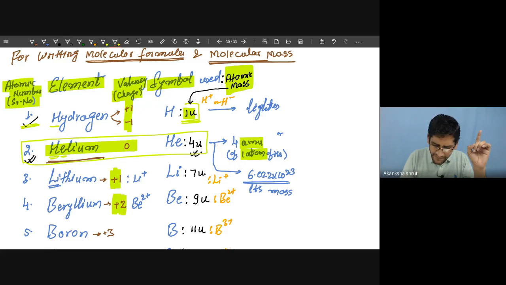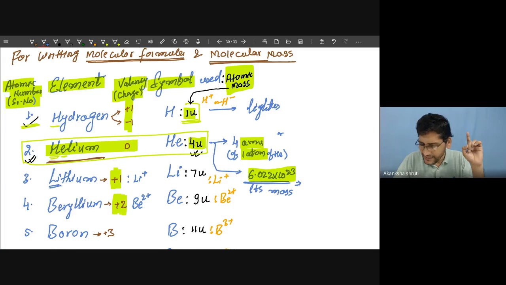Similarly, for helium, the mass is 4 U for one atom of helium. For Avogadro number, meaning 6.022 into 10 to the power 23 atoms, its mass gets converted into gram, and it is written as how much? 4 gram.